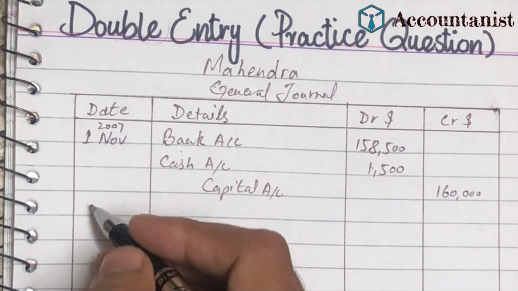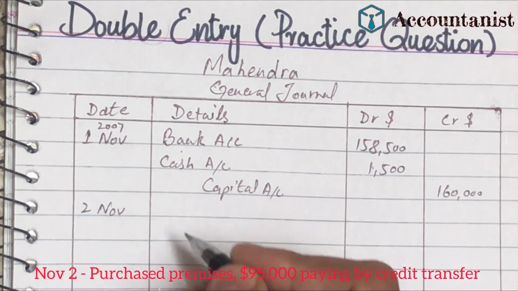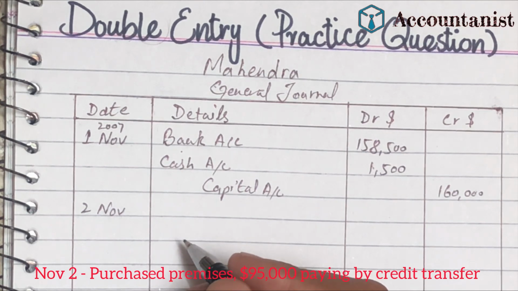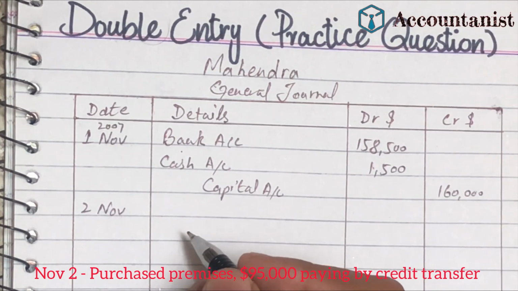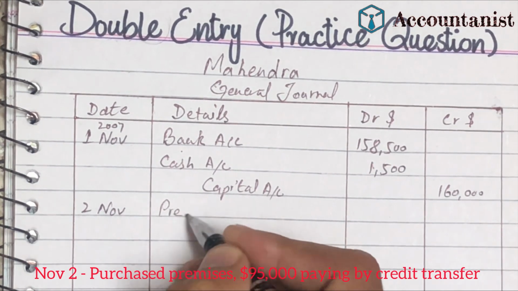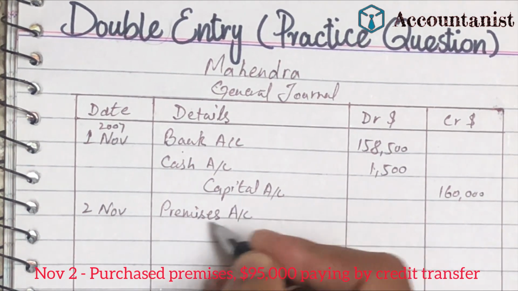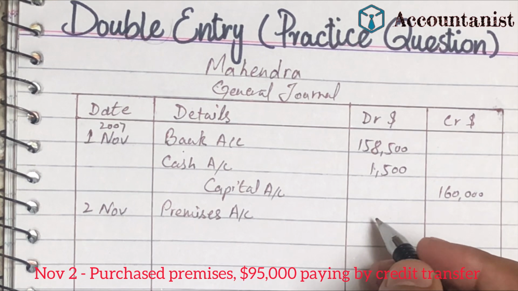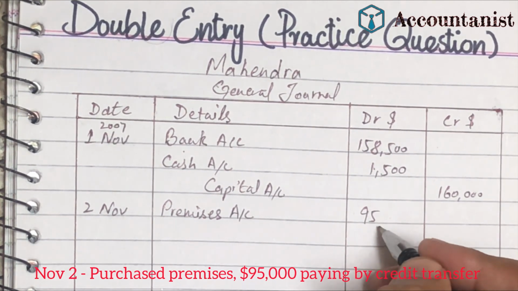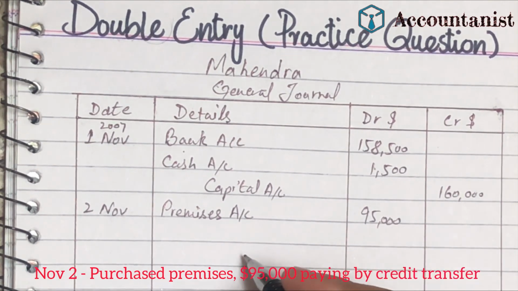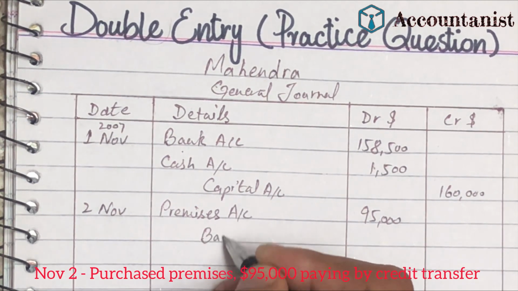Now moving on to the second transaction that happened on 2nd November. It says purchase premises 95,000 paying by credit transfer. So premises is our asset and it's going to be increased, so we are going to make it on a debit side. So the amount is 95,000, and the amount paid by credit transfer means by bank.